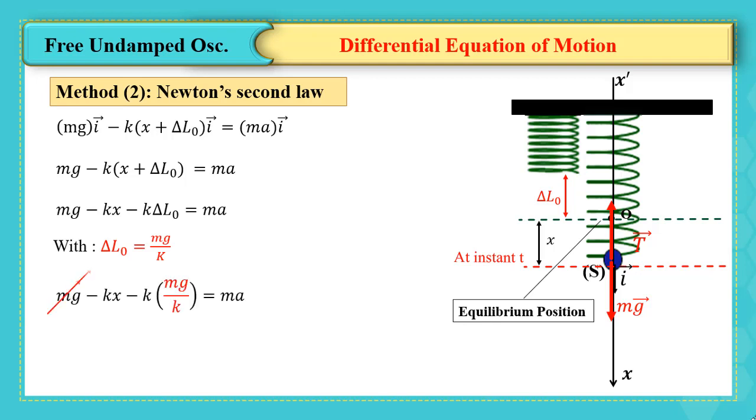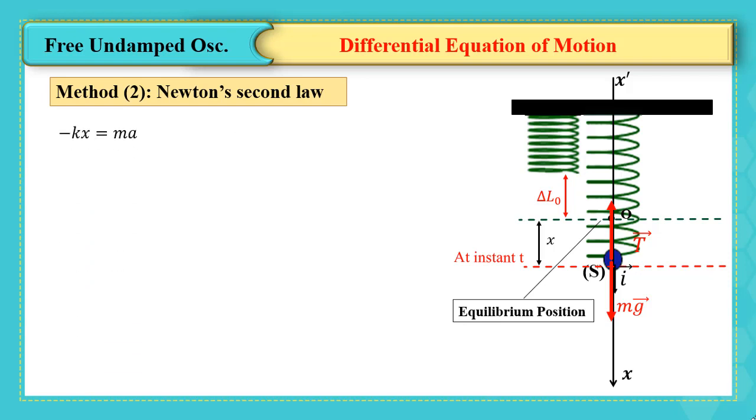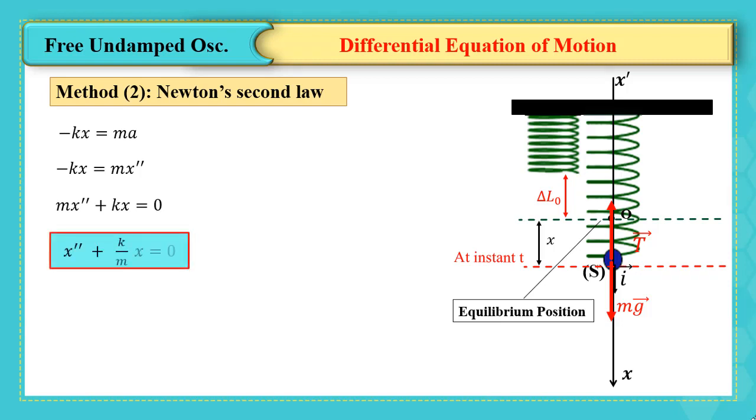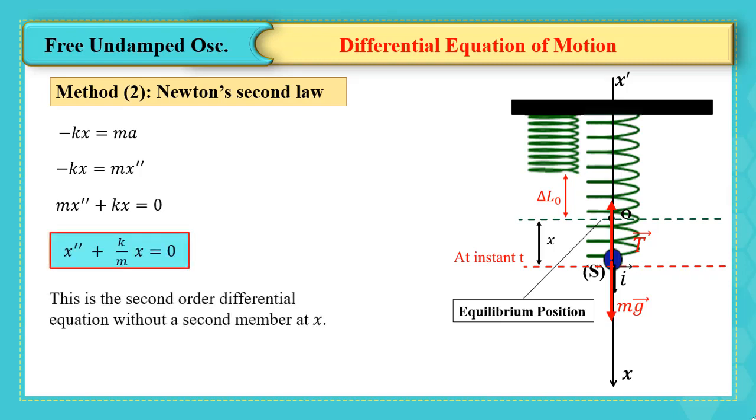After some calculations, we can find that minus kx equals ma, which is x double prime. Then we can write it as x double prime plus k over m x equals 0, and also this is the second order differential equation without a second member at x.